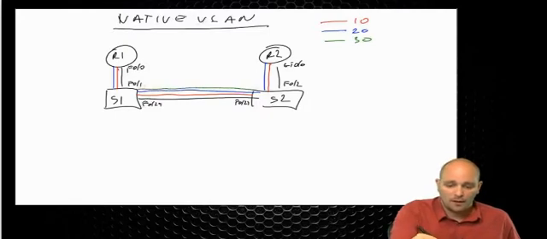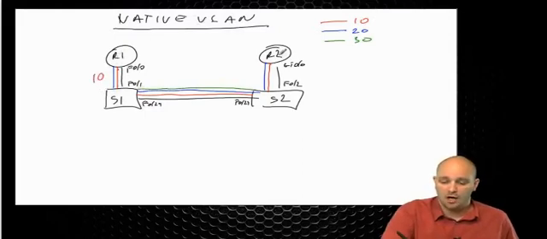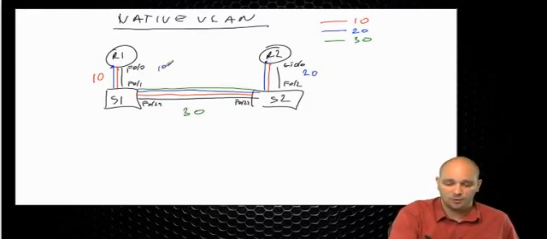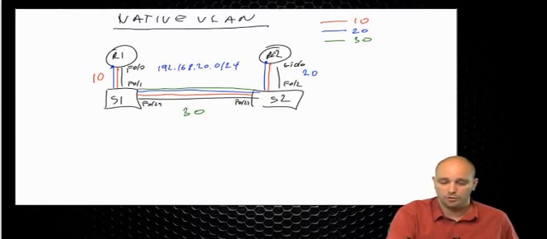Between R1 and switch 1, I want VLAN 10 to be native. Between R2 and switch 2, I want VLAN 20 to be native. And between switch 1 and switch 2, I want VLAN 30 to be native. I'm going to have IP addresses on sub-interfaces configured in VLAN 20 as 192.168.20.0/24, .1 and .2 here.